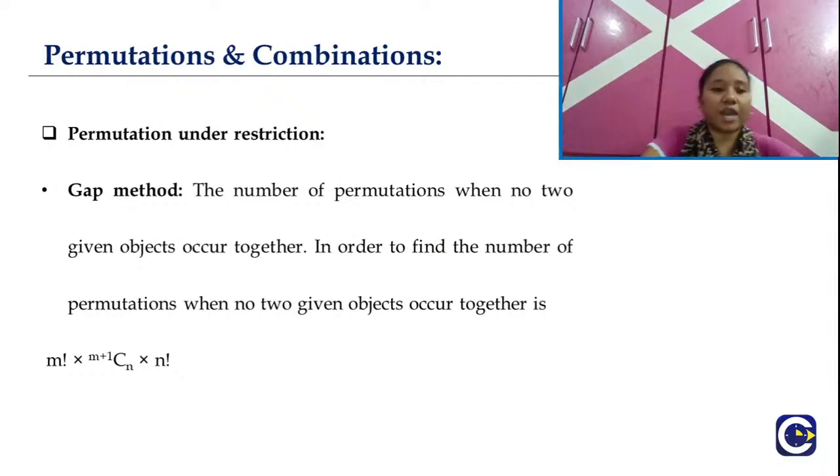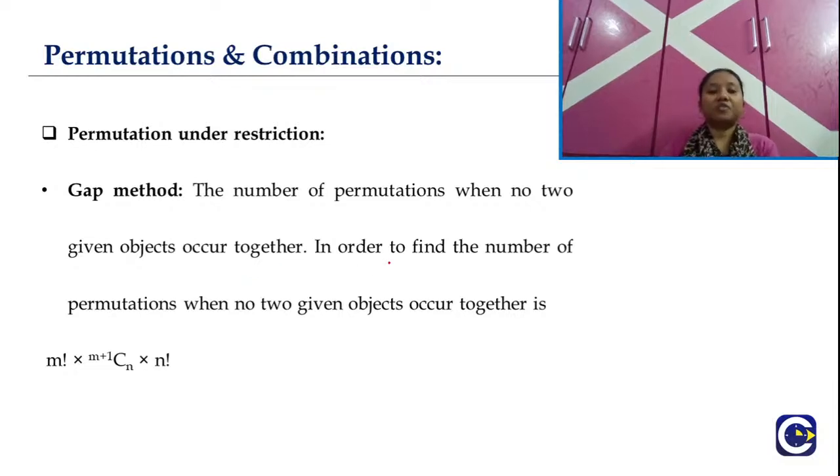The next one we have is the gap method. The previous one was the string method and now we are dealing with the gap method: the number of permutations when no two given objects occur together. Initially 2 objects had to occur together, but now no 2 given objects should occur together.